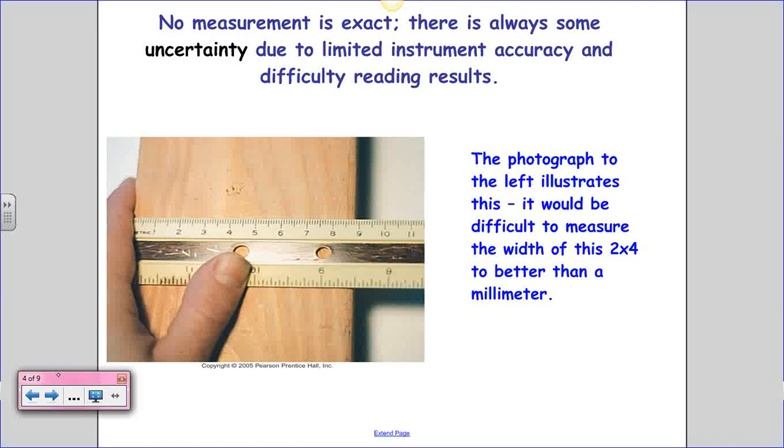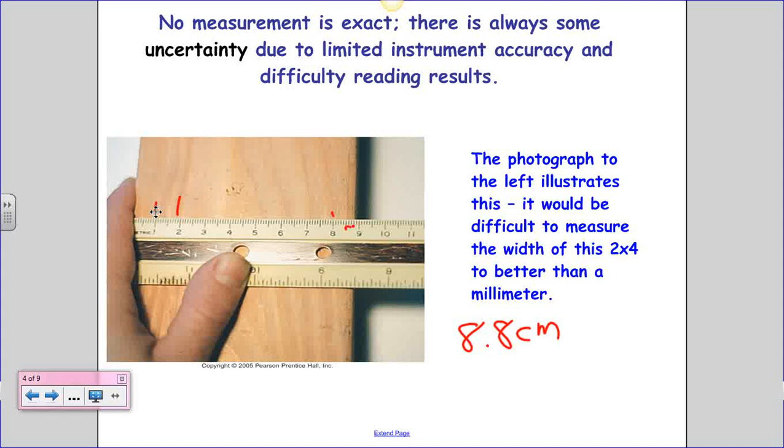And remember, these are centimeters and not inches, because we measure in metric. So this block of wood is about 8.8 centimeters.